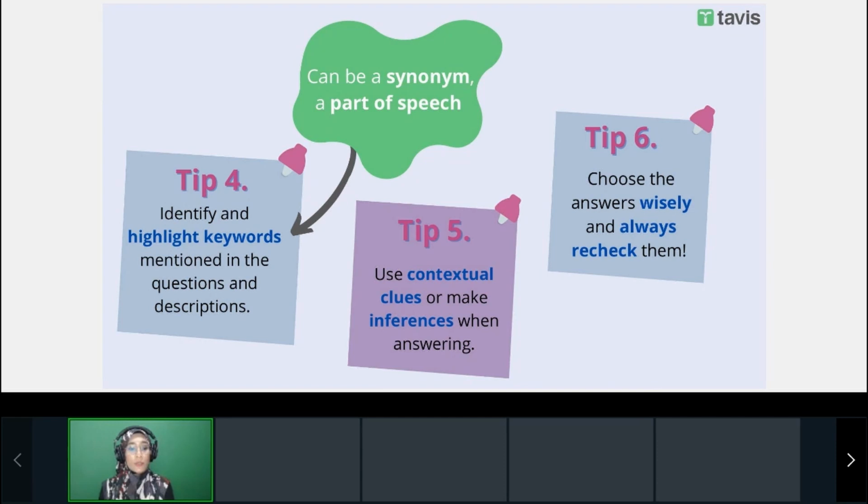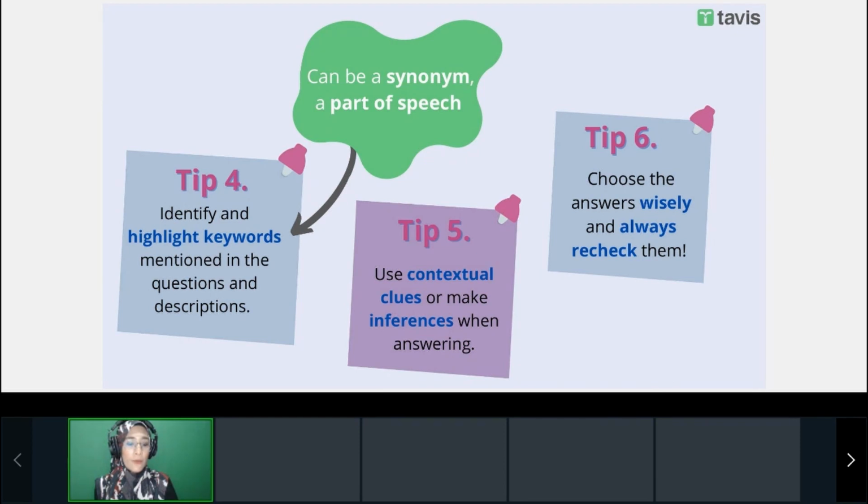This is crucial for you. What keywords are we looking for, teacher? You can look for synonyms, you can look for examples, you can also look for vocabulary, especially synonyms or antonyms. So these are helpful for you later on.